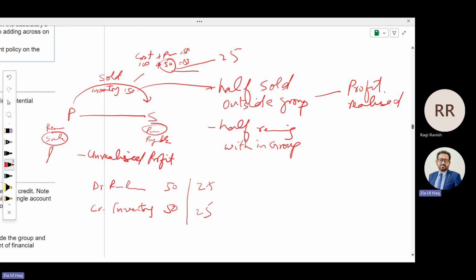This means if any inventory is involved in intergroup transactions, from the unsold inventory at the year end we need to eliminate the unrealized profit part. Whatever is sold outside the group, that profit is realized. Whatever is left unsold, we need to eliminate unrealized profit from unsold inventory at the year end. Can you understand this?